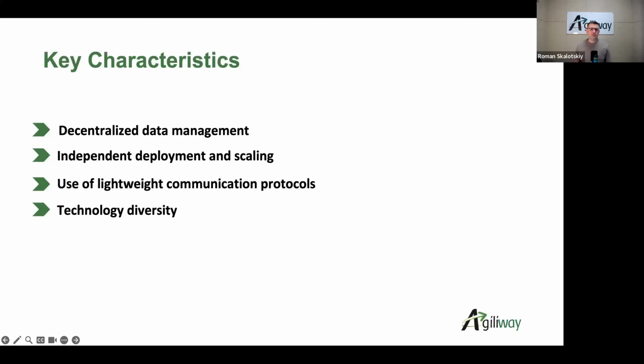Next one is independent deployment and scaling. Independent deployment and scaling are foundational principles in the microservice architecture aimed at enhancing system flexibility and performance. This architectural style decomposes the monolithic application into a collection of loosely coupled, independently deployed services.